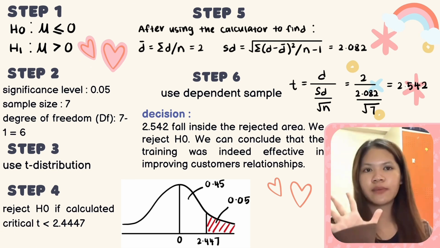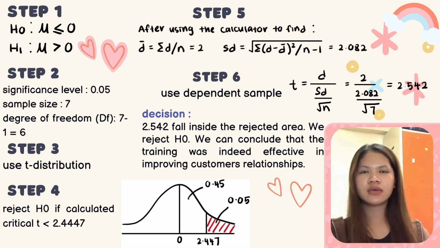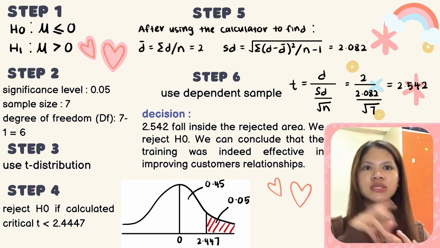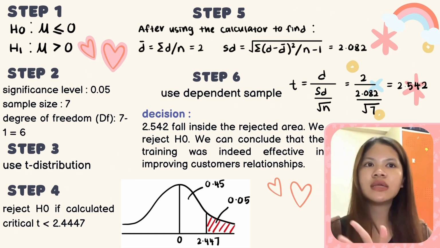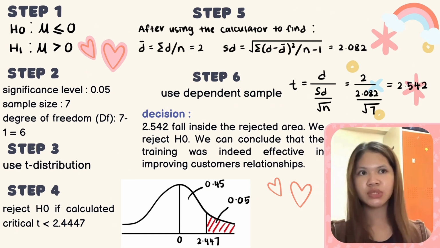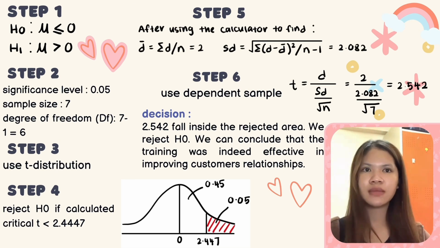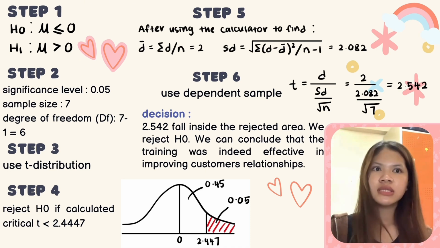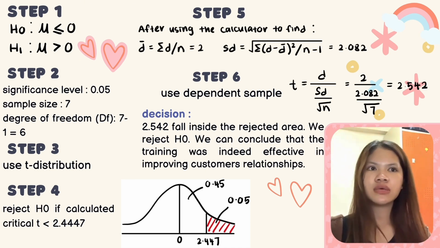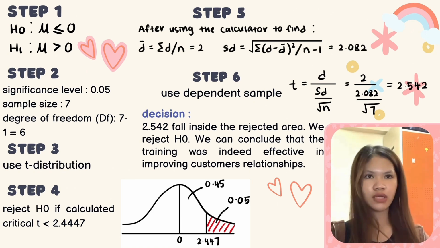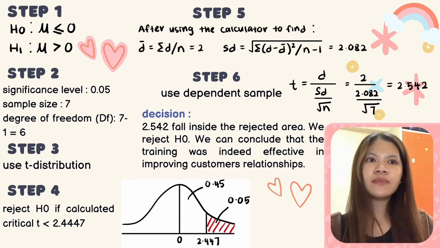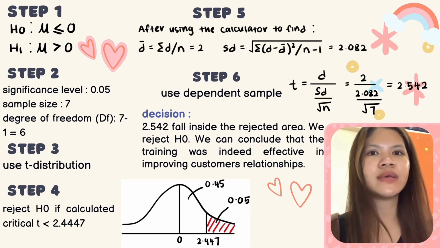Step 5 is to find the mean of the differences, which is 2, and the standard deviation of the differences, which is 2.082. Same step to compute the value of t and make a decision. T is equal to the mean of the differences divided by the standard deviation of the differences divided by the square root of sample size.